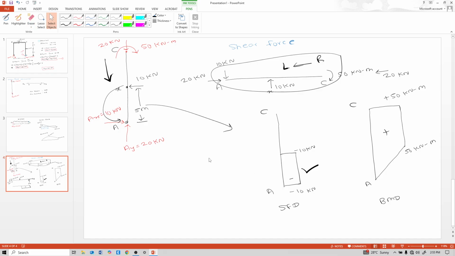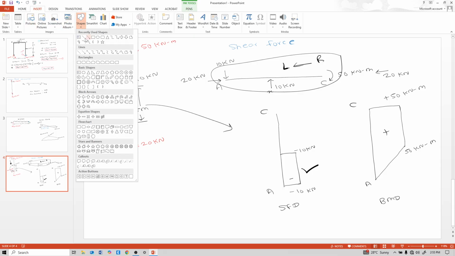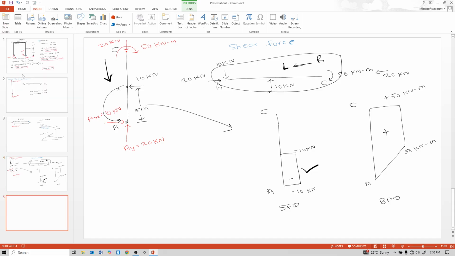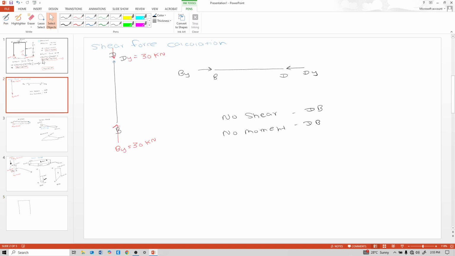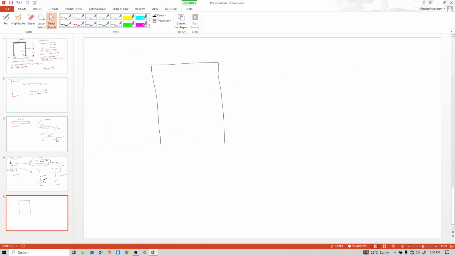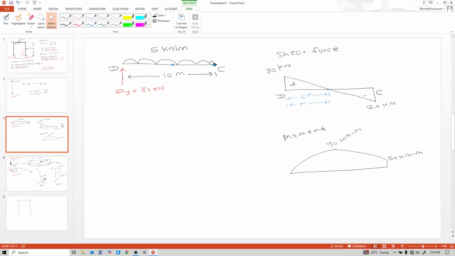So by this way, our SFD BMD is complete. See the shape of the shear force diagram, B, D, C, A. So at BD there is no shear and no moment.